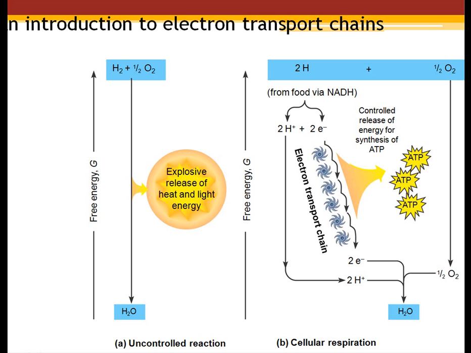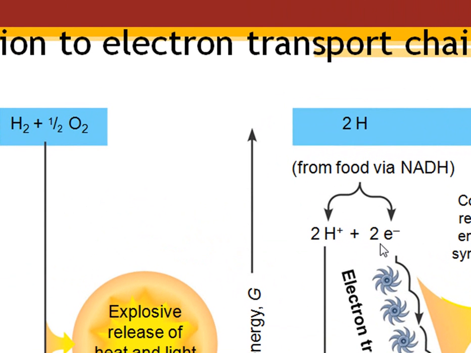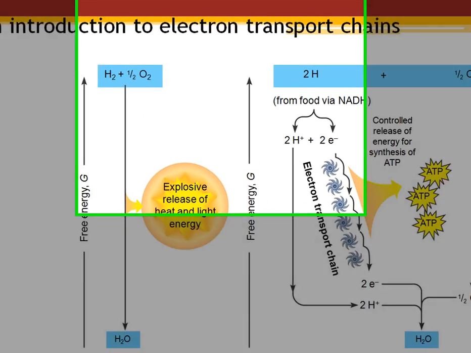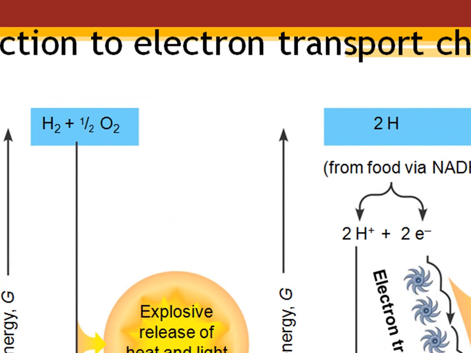These baby steps allow us to remove hydrogens and electrons from our food sources and carry them to the electron transport chain with our energy shuttlers, NADH. Then NADH becomes oxidized back to NAD+, and the hydrogen ions and electrons that it was carrying will transfer down a chain of proteins, going through a series of redox reactions.